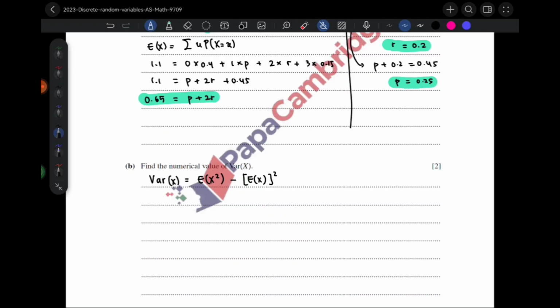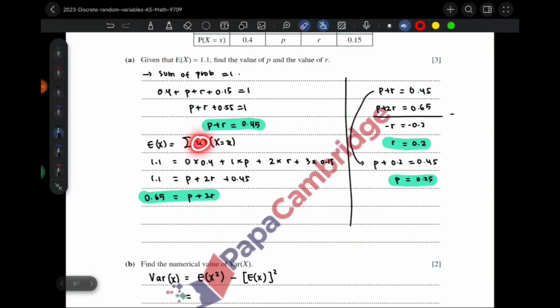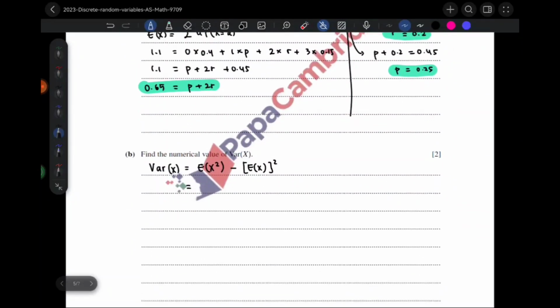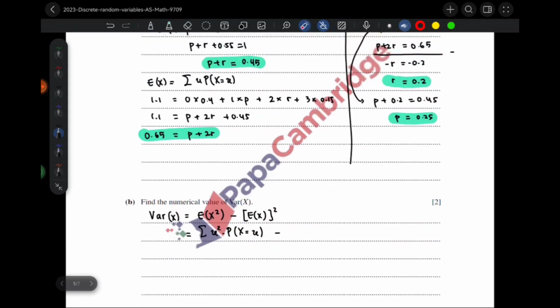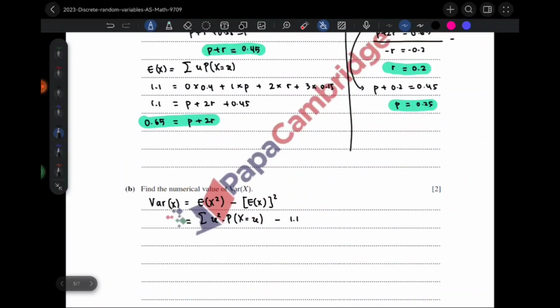For E(X squared), you use the formula of expectation value, but now we use x squared instead of x. So x squared times the probability of X equals x, minus E(X), which we already have as 1.1, squared.